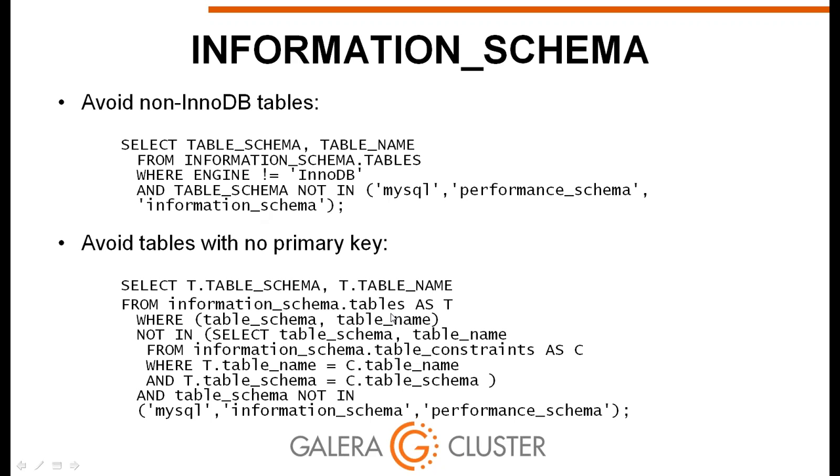And the second query lists all the tables that have no primary key. In order for Galera replication to be efficient, each table should have a primary key.